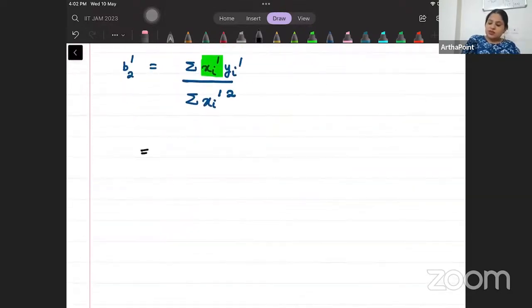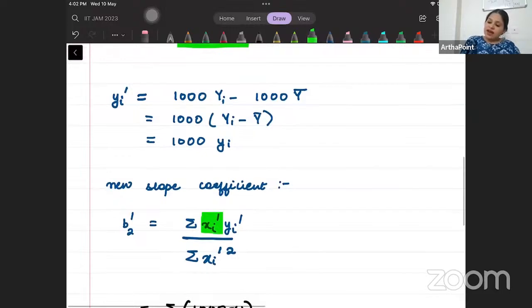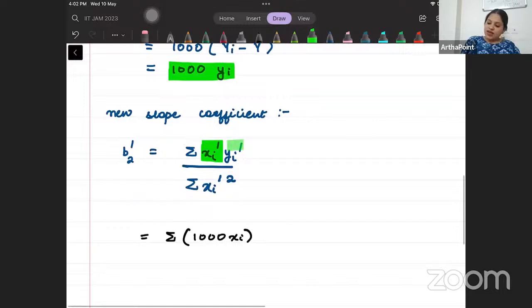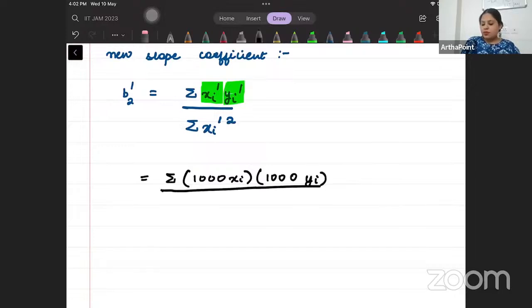So this is going to be summation 1000 xi, and similarly each of the yi dash can also be written as 1000 yi, upon summation, each of the xi will be replaced with 1000 xi.